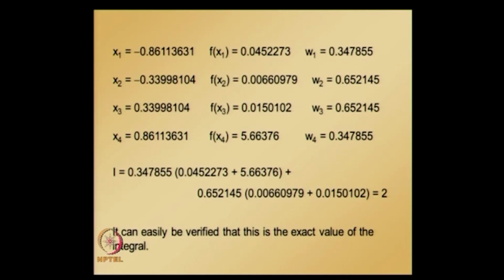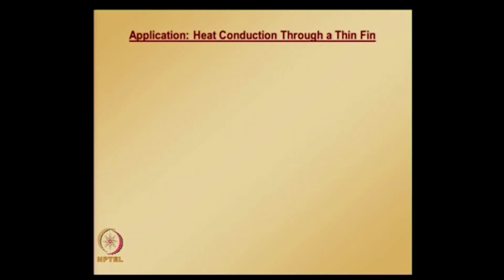Now let us see the application of this Gauss quadrature to a general one dimensional boundary value problem. And let us solve the heat conduction through a thin fin that we already looked at earlier, when we were looking at the 2 node linear finite element applied to a general one dimensional boundary value problem.